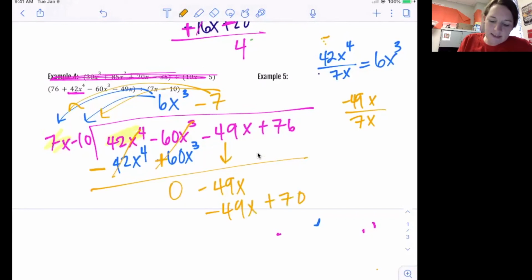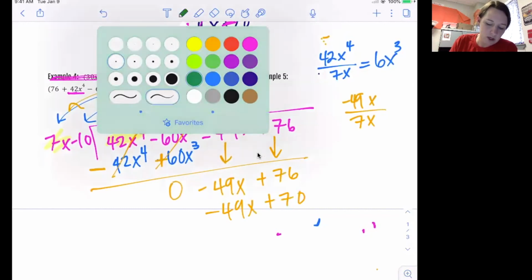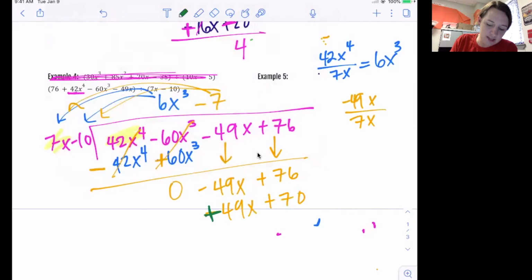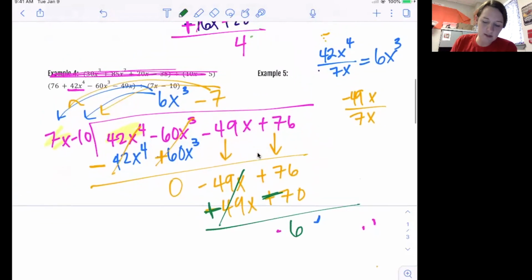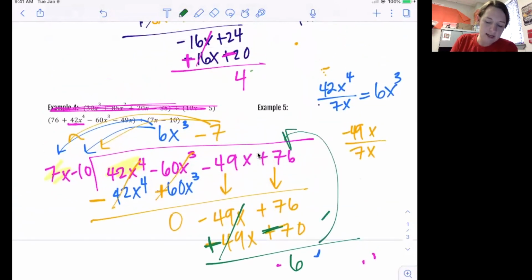You'll see that I need to actually bring down my plus 76 here as well. Since two terms canceled out, I need that 76 in order to combine it with the 70. So I'm going to subtract by changing the signs on both of these. 49x's cancel out, and I'm left with a positive 6. So that's going to come up here as my remainder. So plus 6 over 7x minus 10.